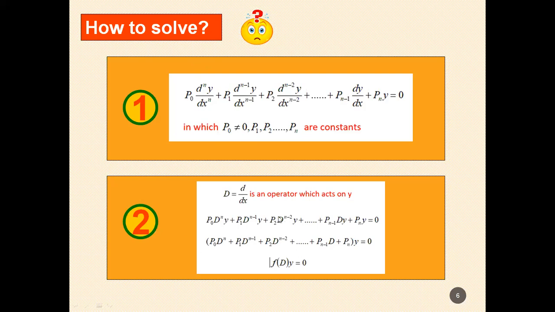Number 2, you are to write the derivative of your unknown function as capital letter D. The D of dx. So your unknown function is y. So that is why we write it as dy dx.